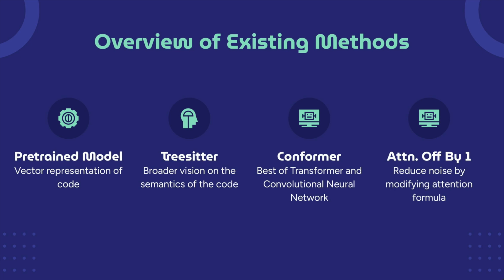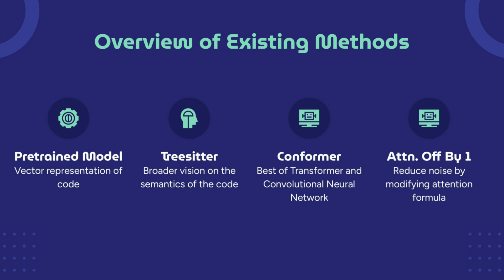It utilizes a pre-trained model for generating vector representations of code, capturing the semantic nuances essential for understanding complex code syntax and structure. TreeSitter provides a broader vision of code semantics by converting source code into a structured format that is easier for models to interpret, enhancing the model's comprehension capabilities.